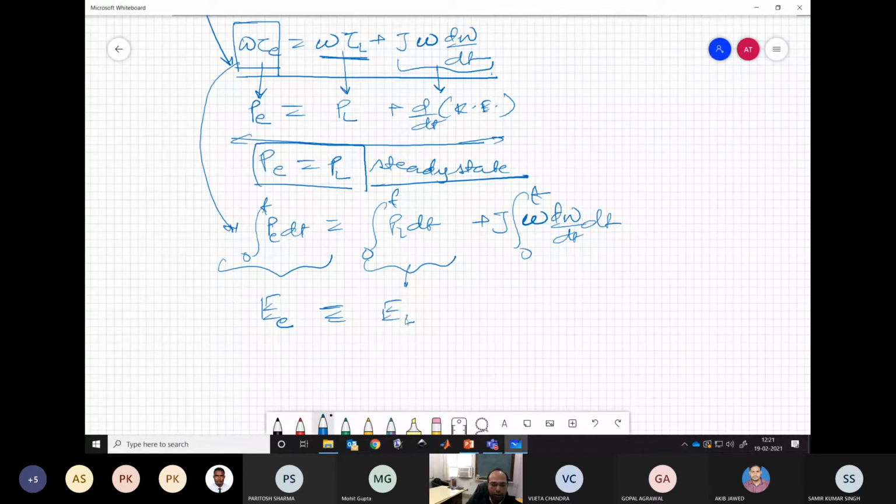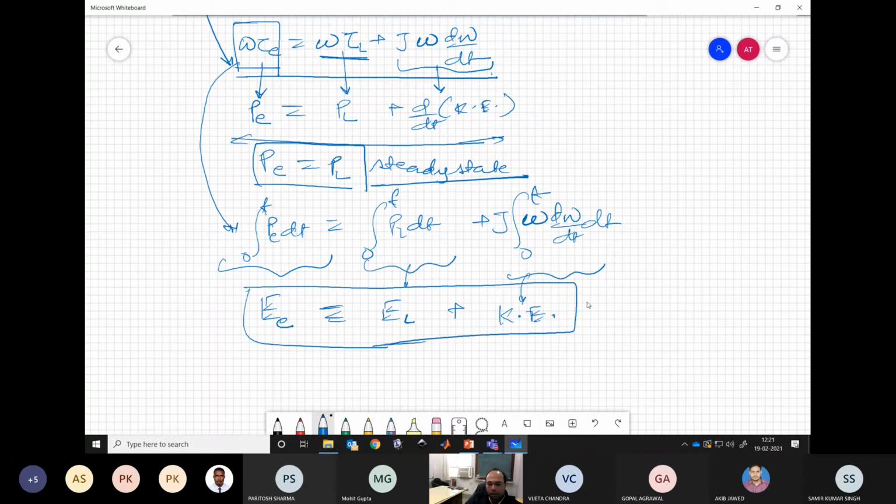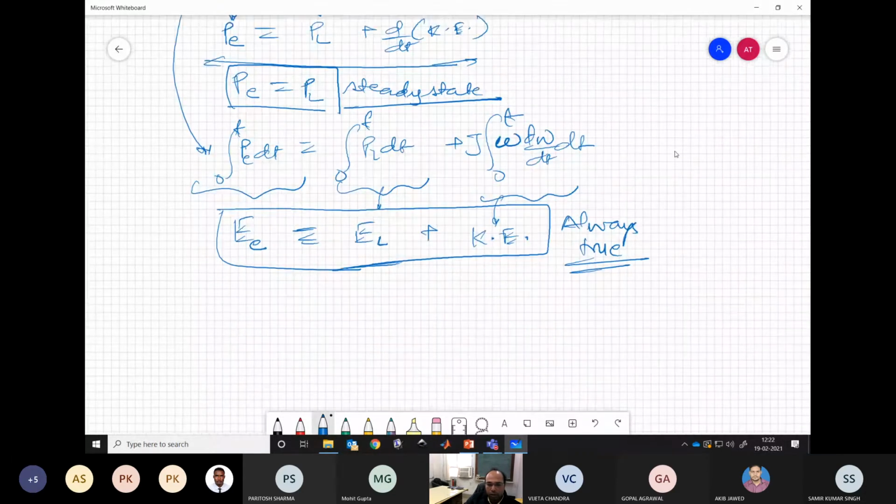One, the energy which is consumed by the load, and another part which has gone into raising the kinetic energy of the system. So this equation, which we call the energy equation, is always true. Whether it is under the steady state condition or under the transient condition, this equation always holds true.